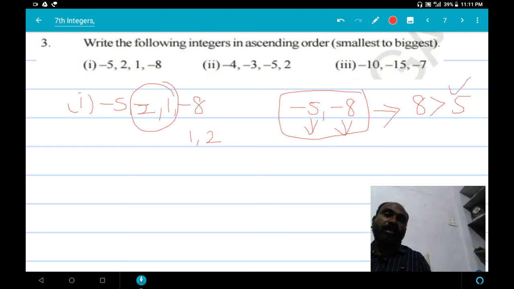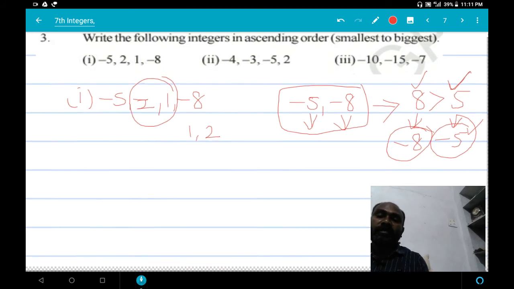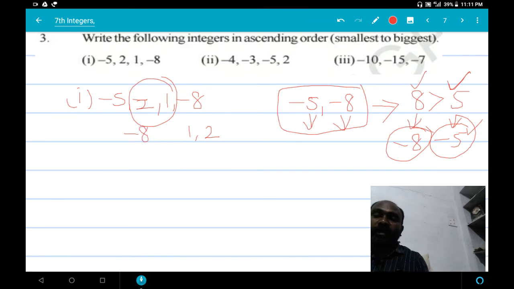So minus 5 and minus 8, which is smaller? 5 is smaller, so minus 5 is bigger. 8 is bigger, so minus 8 is smaller. So the least number is minus 8 and then minus 5.